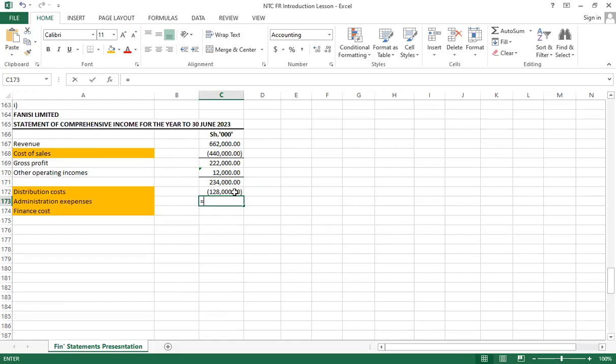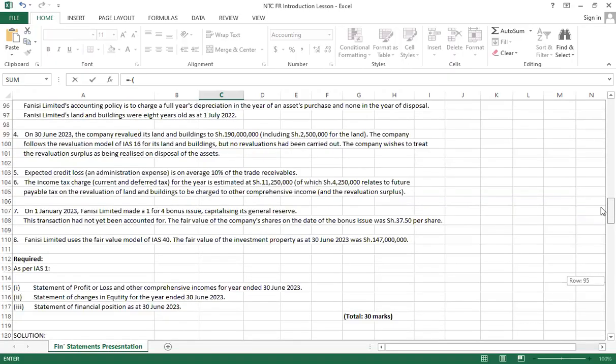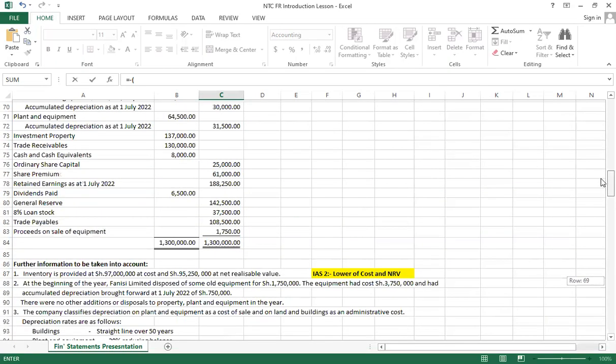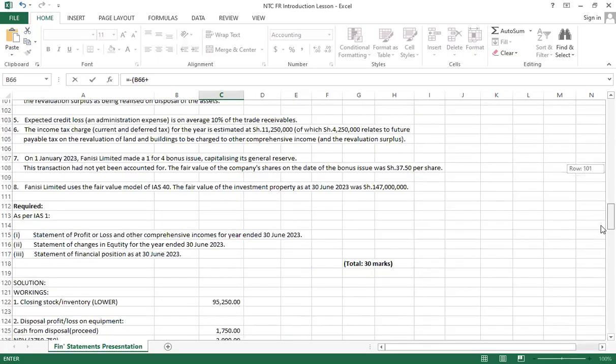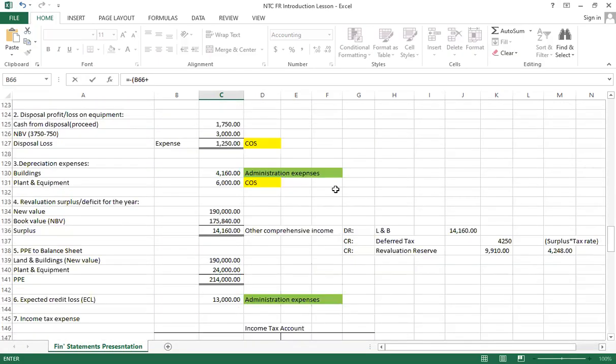Let's go to the administration, equal to negative, and then I bracket. Now in the trial balance, the administration is how much? After distribution cost, we have admin of 86.5, plus in the workings we saw that we have something for this category. You start with working number 3, where we had depreciation on buildings, that 4,160.